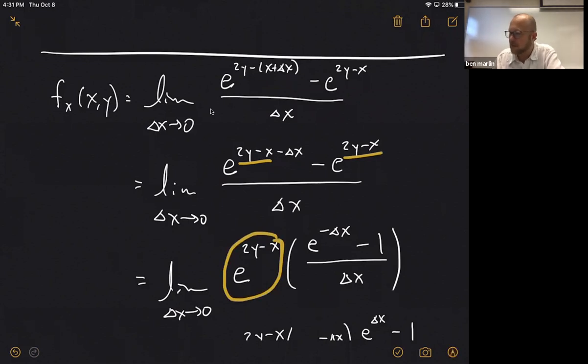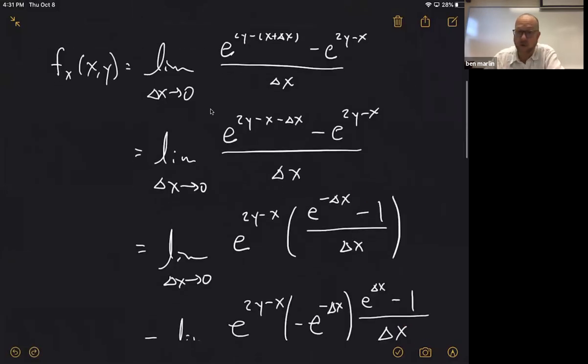So that means that we end up with an e to the 2y minus x being factored out to the front. When you do that, then you have remaining an e to the minus delta x in the first part, but then it's minus just the 1 because you factored everything out of the second part.